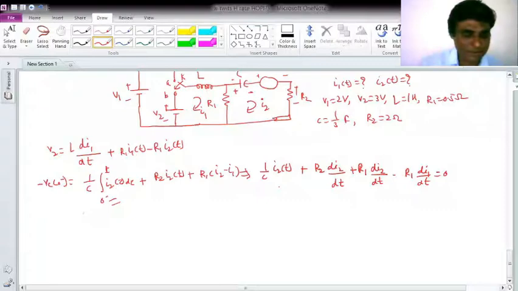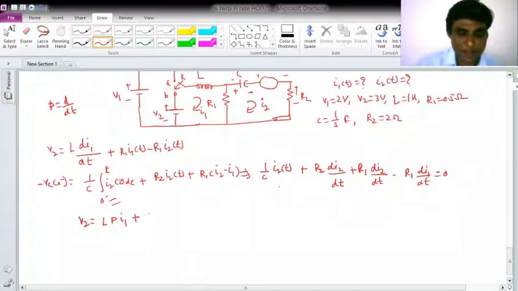So first, V2 will be equal to, let us write by operator P, which will be d/dt. So LP I1, for simplicity, plus R1 I1 minus R1 I2, this is equation 1.